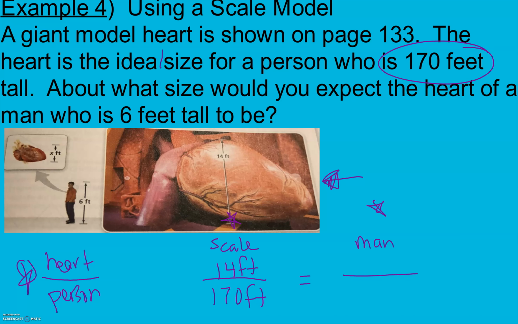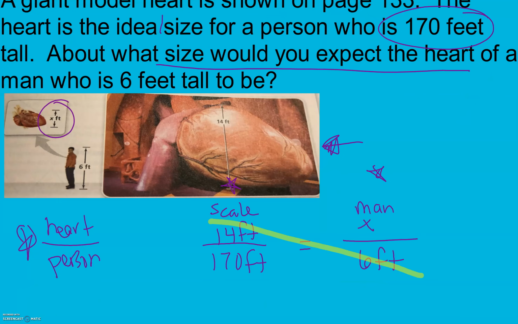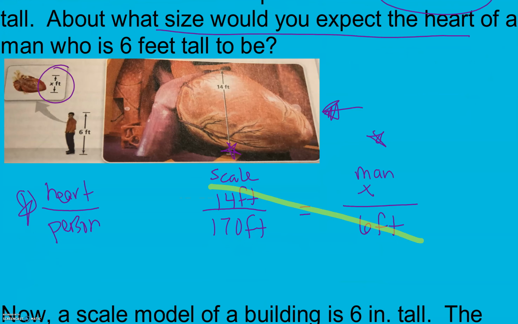Now the man, we don't know the heart size. That's what we're trying to find. About what size would you expect the heart of a man who is 6 feet tall to be? So here, again, we can use cross products to solve this. I'm going to take 14 times 6, and 170 times x.